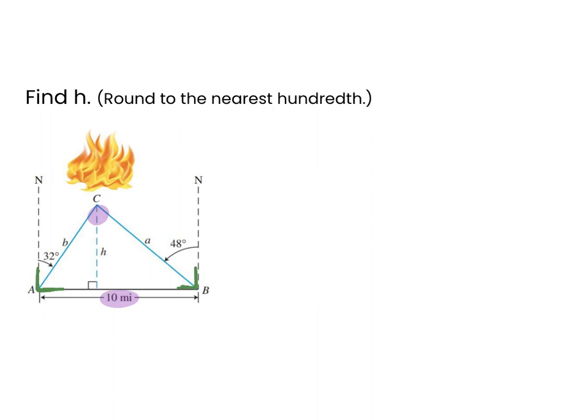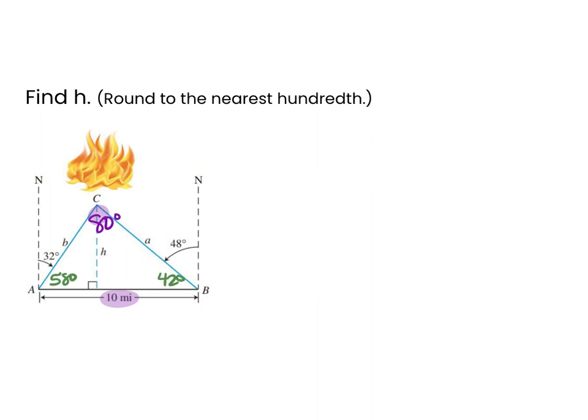So unlike doing 180 minus the angle measurements, you can do 90 minus those angle measurements to be able to figure out what those 2 angles are, which means angle A, what we'll call angle A for this triangle, is 58 degrees, and angle B is 42 degrees, which means then that angle C, doing 180 minus 58 minus 42, is 80 degrees.